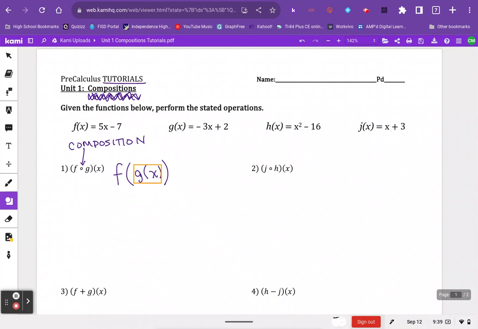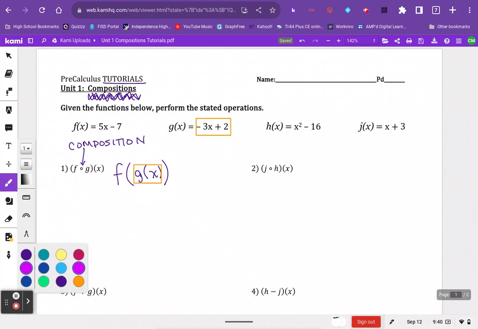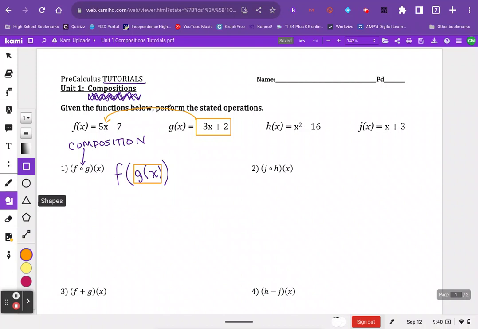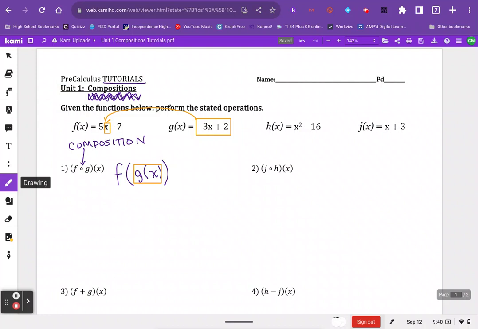They've given me a list of the different functions, and what I want to do is find the G equation. I'm going to take what G of X is equal to, and insert that into the F function in place of X. It's going to go right here in place of that X. So this X is no longer going to be there.